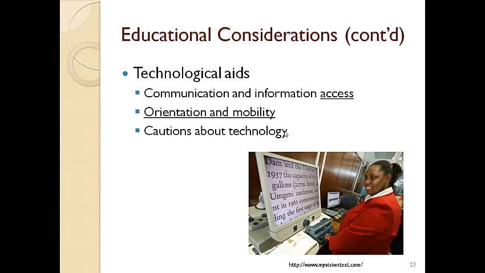So they would still have to learn how to read braille, how to use the long cane, or just the basic tools that are more easily available to them. So we have to figure out whether technology is going to become a hindrance for them, or is it going to be beneficial for them in the long run.